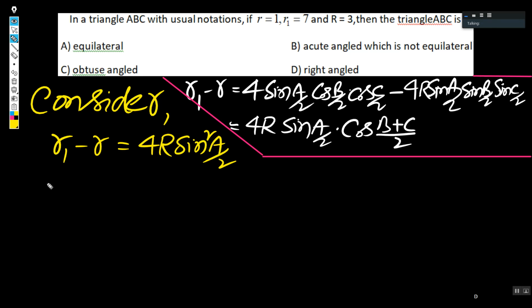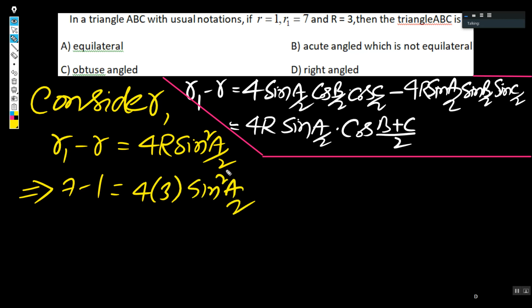So 7 minus 1 is equal to 4 into 3 into sine square A by 2. Sine square A by 2 is nothing but 6 by 12, 1 by 2.